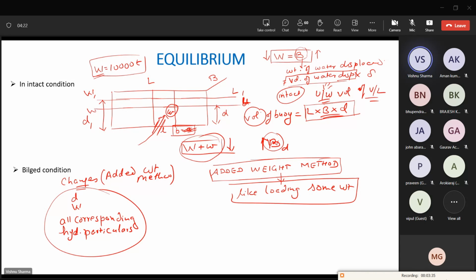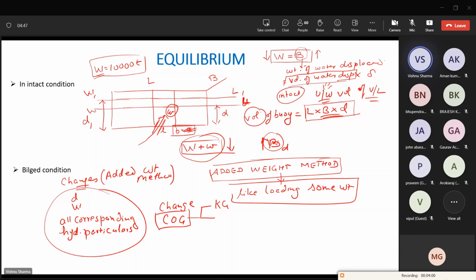Also, since you have added the weight on the ship, it may not coincide with the original center of gravity of the ship. Therefore, in all probability, the G of the ship is going to change. That means it may result in a change of KG depending on the vertical disturbance it causes.